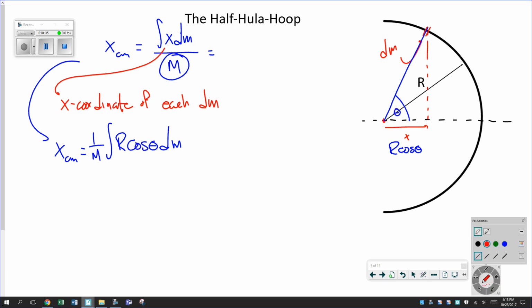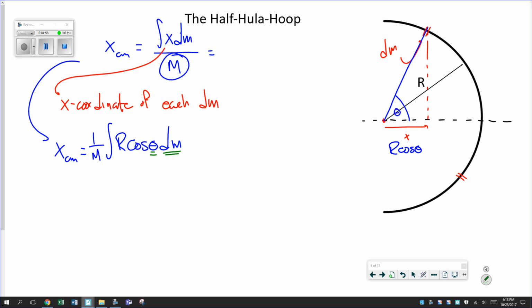We'll get there soon. But here's a problem. Here's another dm down here. And notice that's located at a very different angle relative to that x-axis. So theta is a thing that varies, but we're trying to integrate with respect to a different variable.